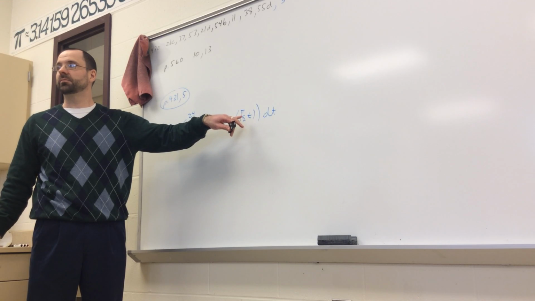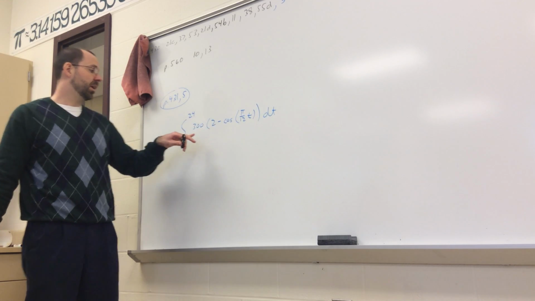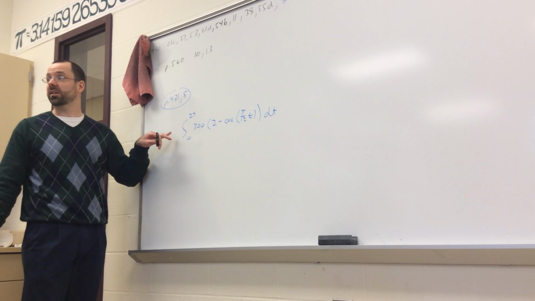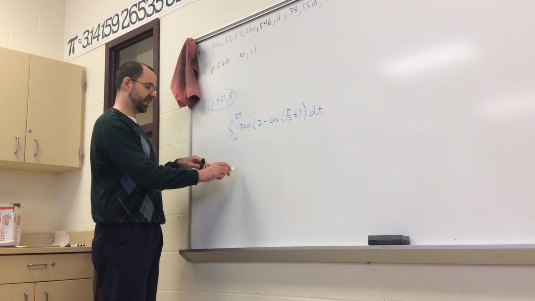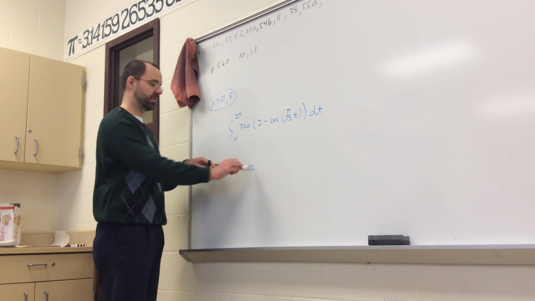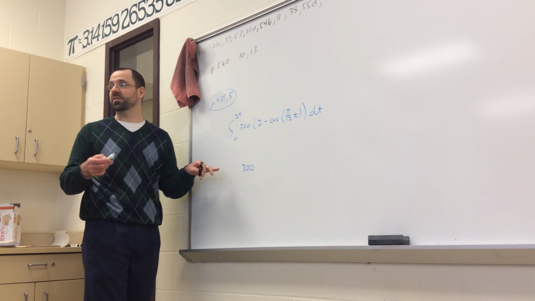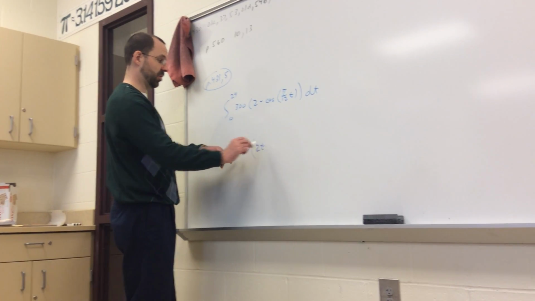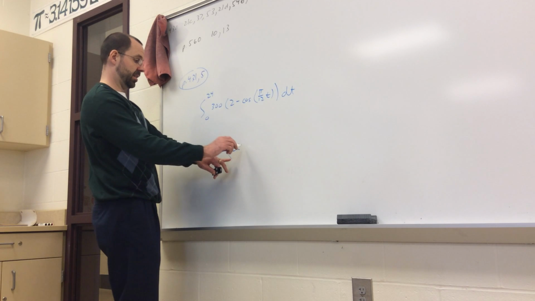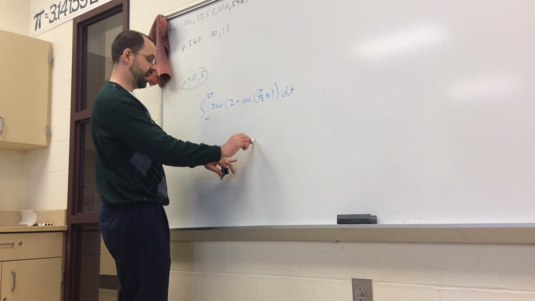Same thing. You okay with that? All right, then this 300 could be coming out in front of the integral. So I don't really need to worry about that as far as the antiderivative is concerned, because it's just a constant multiplier. Okay, so then the antiderivative of 2 is 2t, of course. And the antiderivative of cosine is sine.